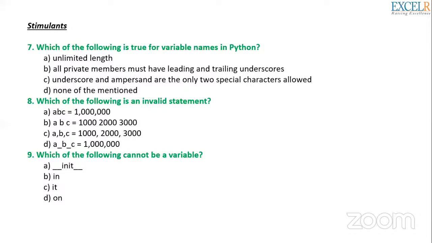IT isn't a reserved keyword. You can use it. Underscore init followed by 2 leading and trailing underscores also works. And on also works because these are not reserved keywords. So that is why B will be the correct option in question number 9.